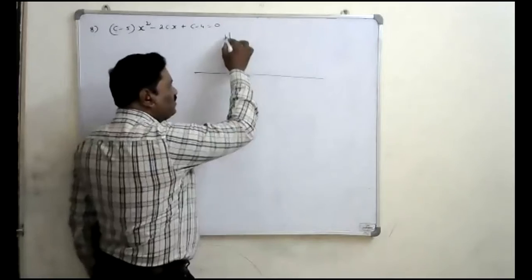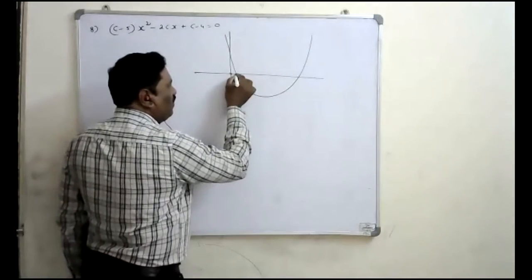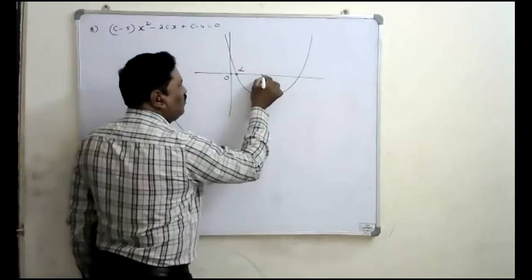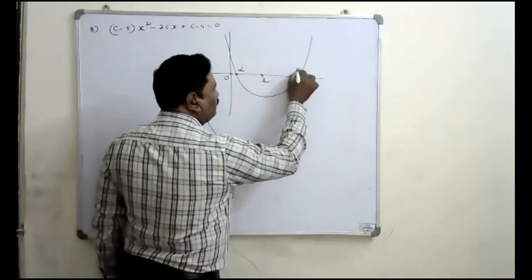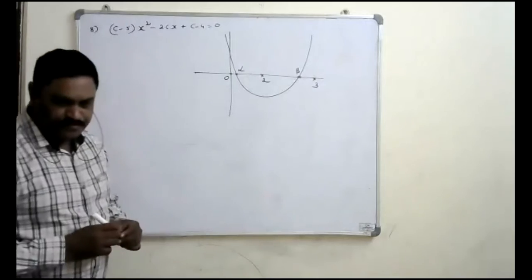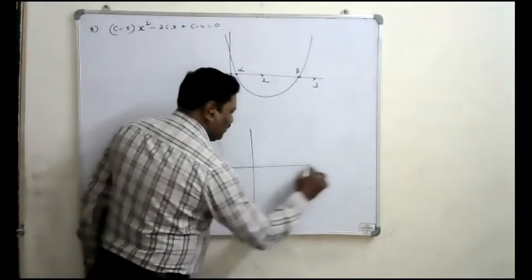If I draw the graph of that expression, it might be like this, because one root, say alpha, lies between 0 and 2, and the other root lies between 2 and 3. This is one position, or it may also have another position like this.